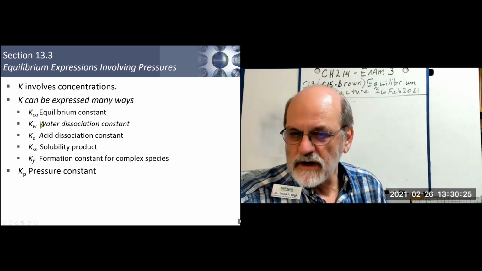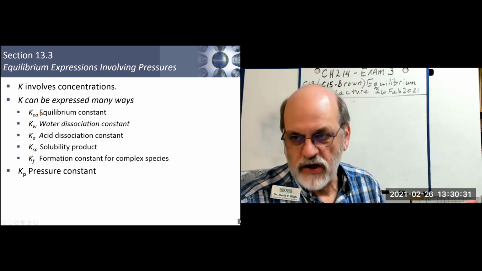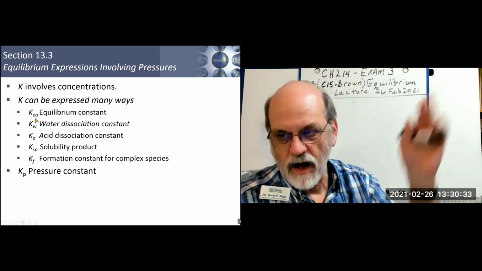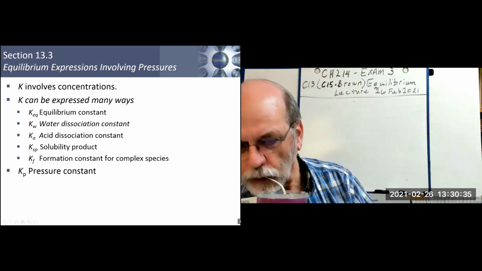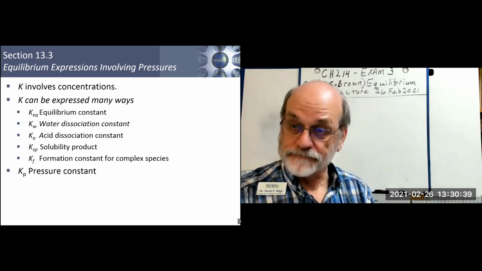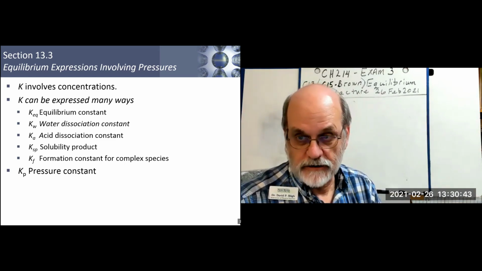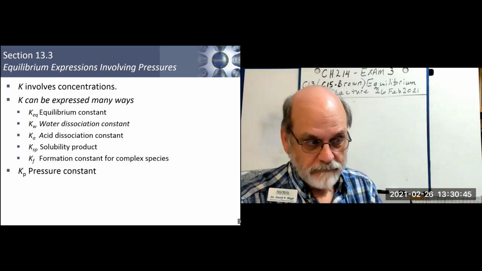If it's just a general equilibrium, we just subscript EQ for equilibrium, KEQ. That covers everything. But it does separate that K from some other K, like for our rate laws. It's a different K altogether.